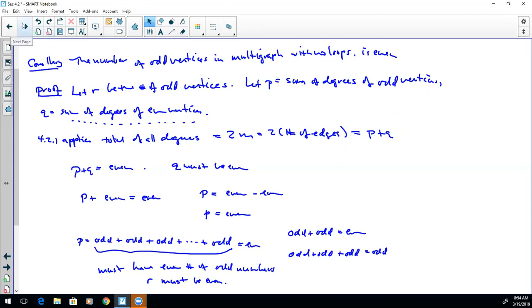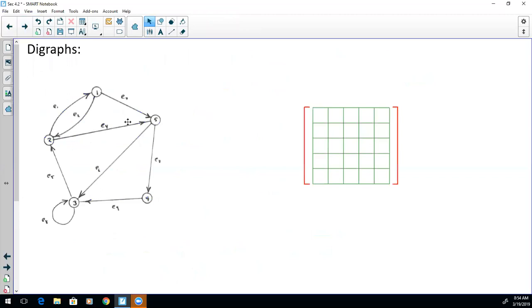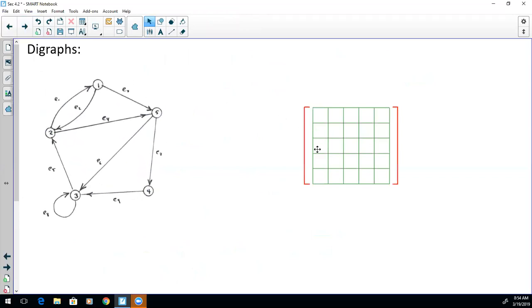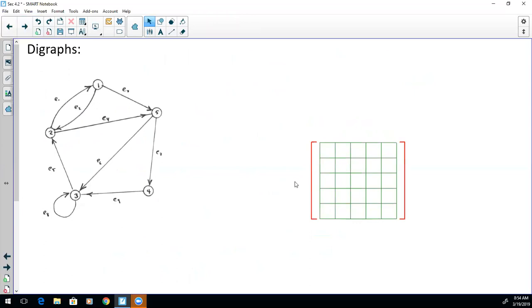Now let's talk a little bit about directed graphs here. Here I have taken the original graph and put some arrows on it so that it's now a digraph. Okay. And the adjacency matrix is defined a little bit differently here.